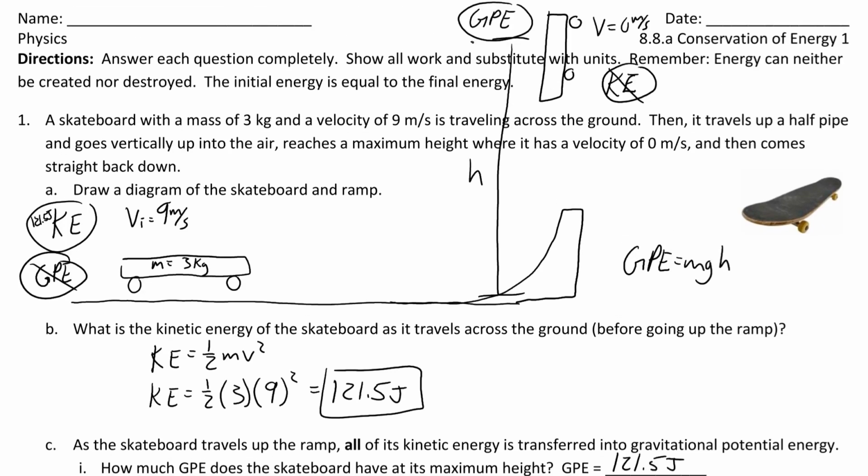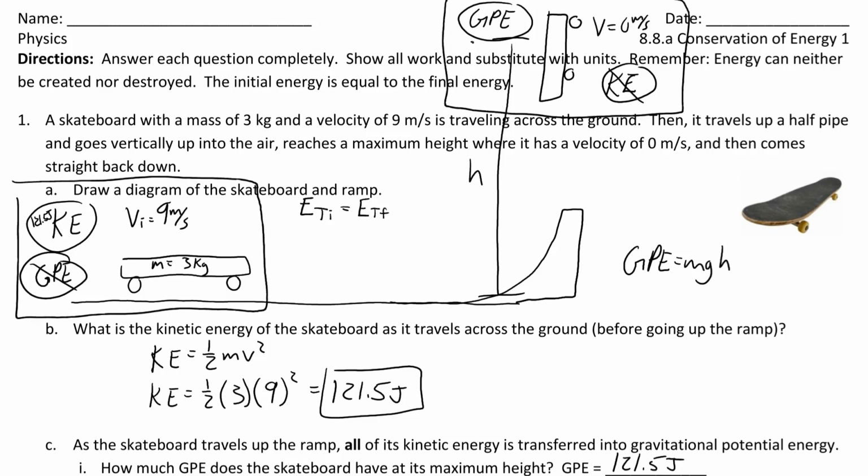And you can. So what we learned about in class was that the total energy initially is equal to the total energy in the final situation. Again, this is the initial situation, and this is the final situation where it's a height above the ramp.